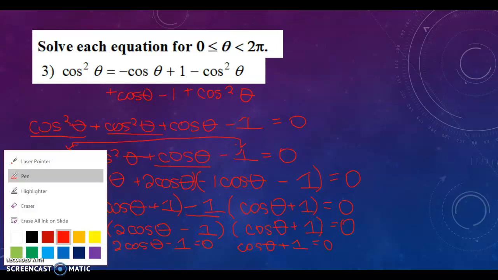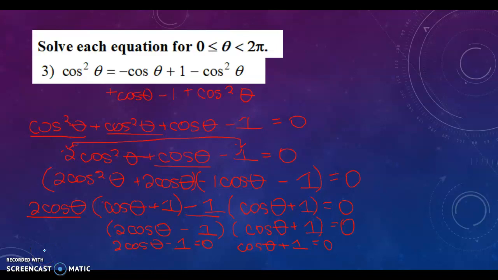Right, I'm going to go ahead and move over a little bit so I have more room. Right, so I'm going to kind of come up to the top here. 2 cosine theta minus 1 equals 0. If I want to solve for this, I'm going to go ahead and move that 1 over. So I have 2 cosine theta equals 1.